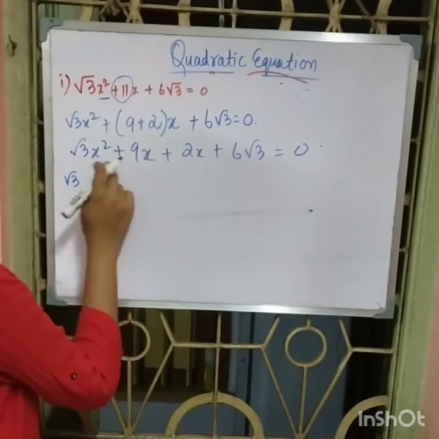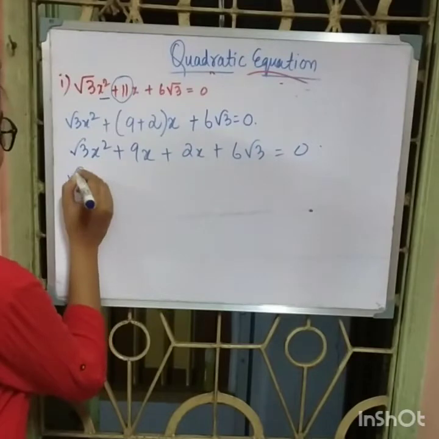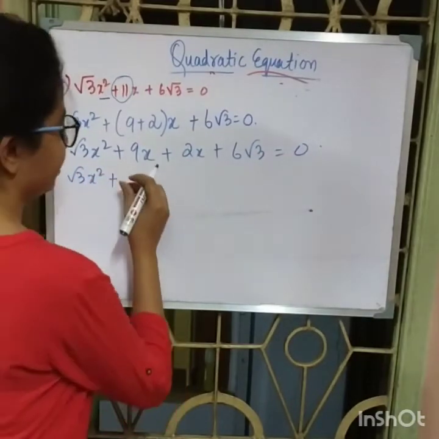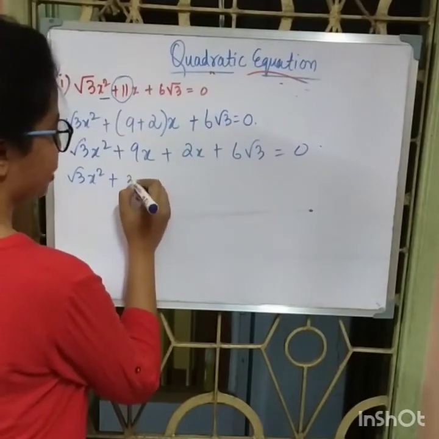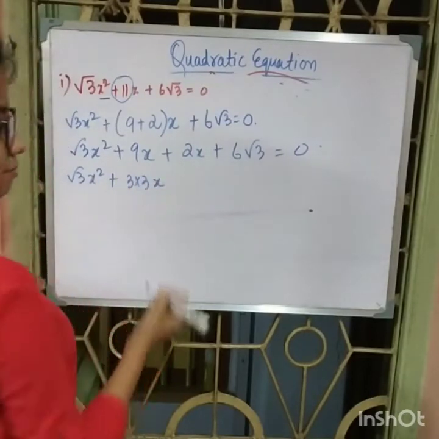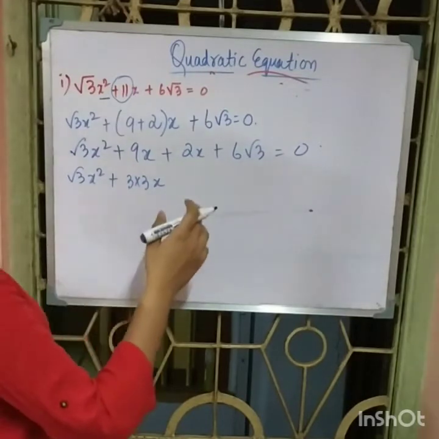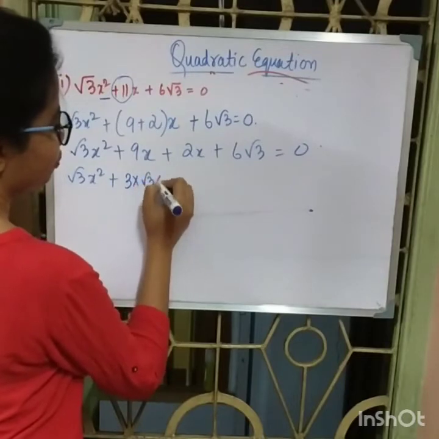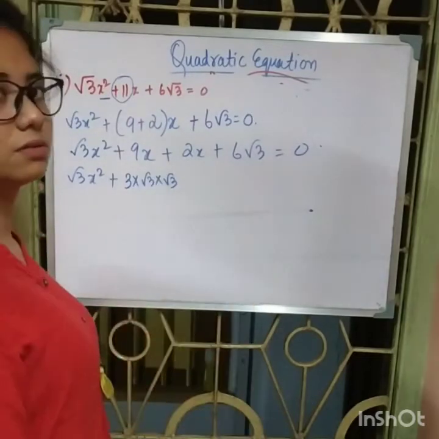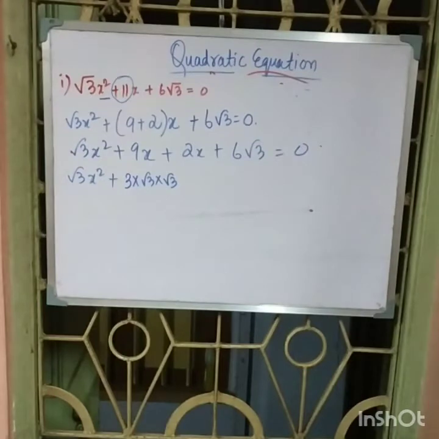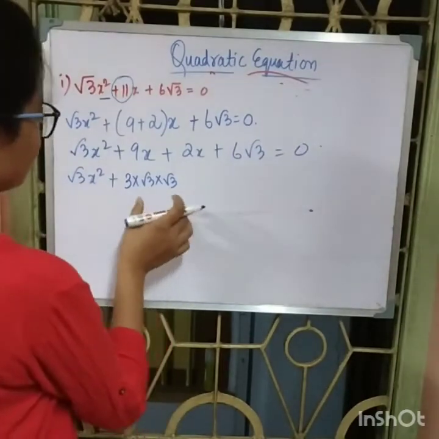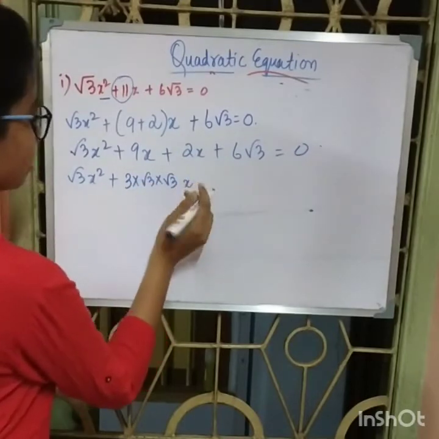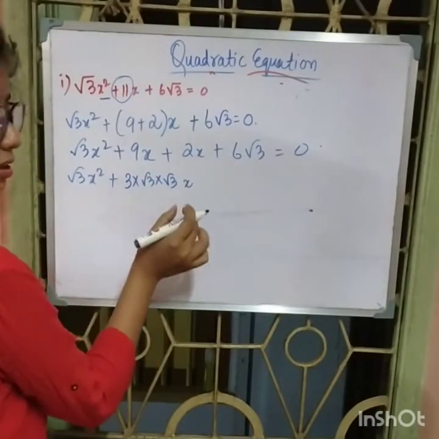For your simplicity, you can write 9 as 3 into 3x, and 3 into 3x we can write as 3 into root 3, that also leads to 9.